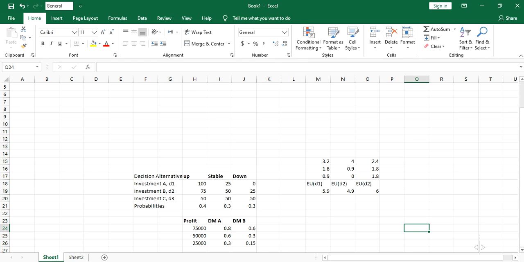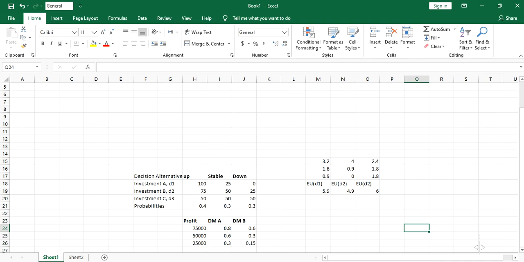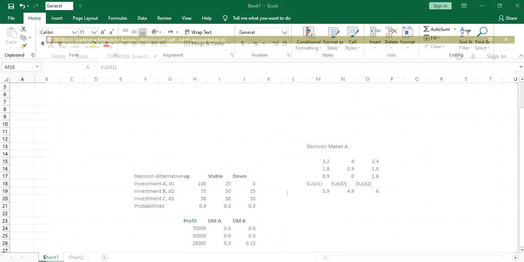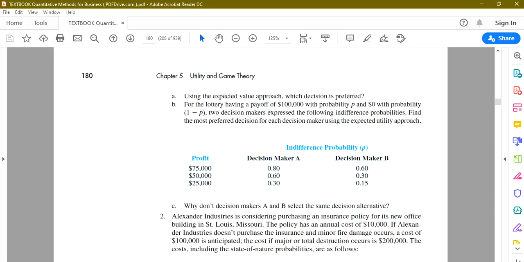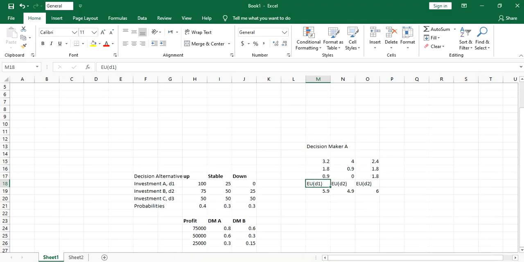So first of all, this is for decision maker A. According to the indifference probabilities for each decision maker here, we will find the expected utility of all three investments, and we choose the highest one. How do we calculate that one?